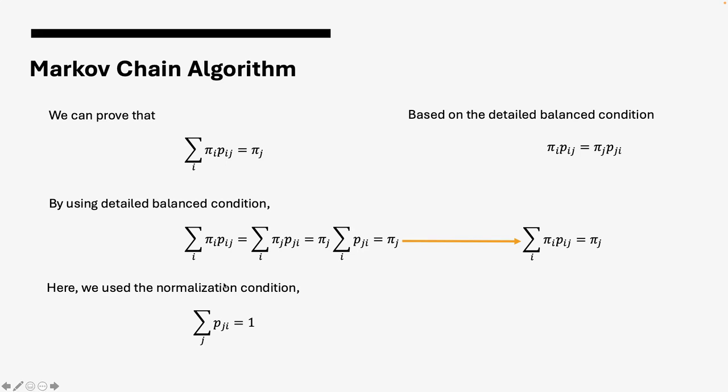And we assume that these Pji probabilities satisfy the normalization condition. That means the summation of Pji is equal to 1. Therefore, we can show that the summation of pi_i times Pij is equal to pi_j.